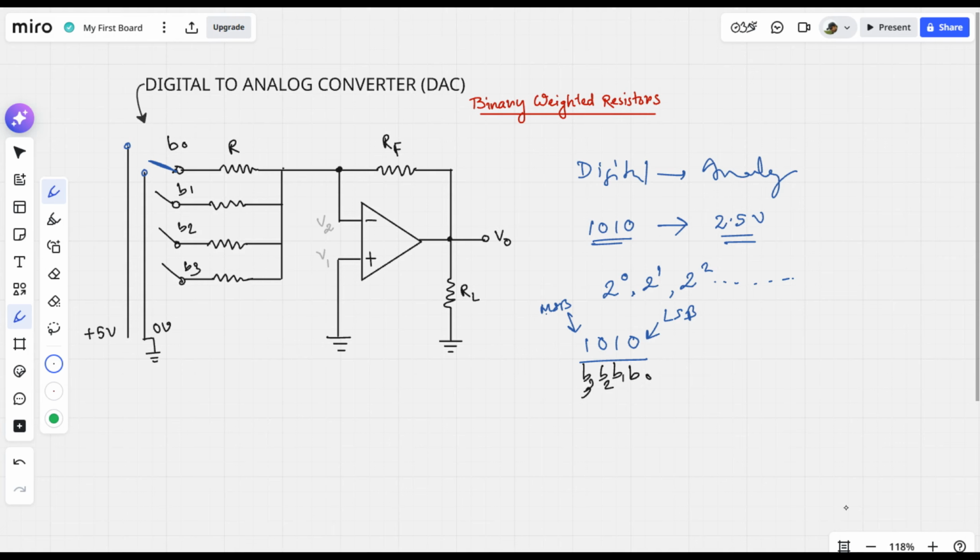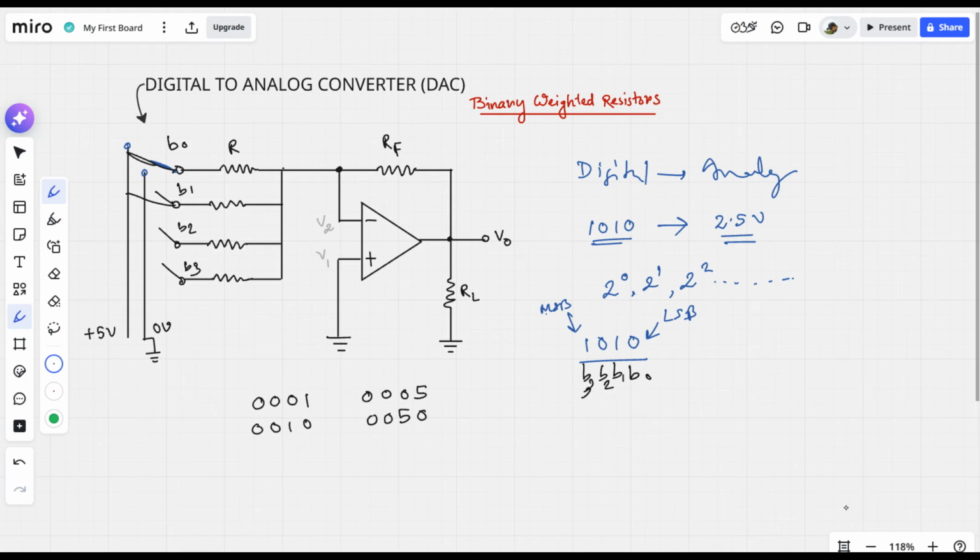Whenever we require 0001, we have to provide a voltage of 5 volts, that means B0 will be connected to this line. If we require 0010, then we send 5 volts to B1, that means B1 should be connected to this line.